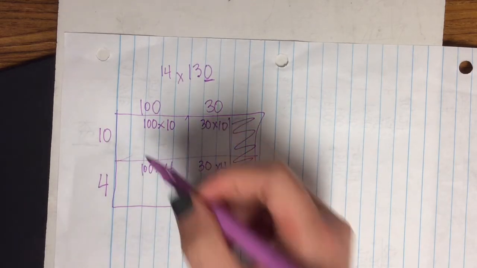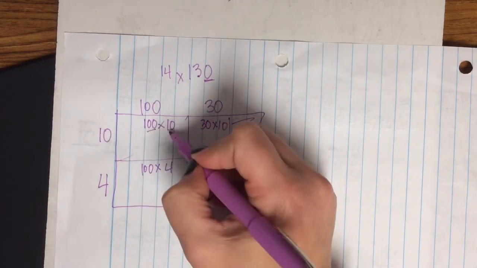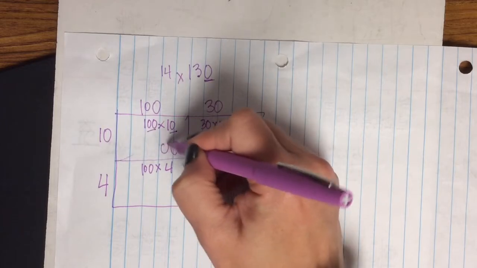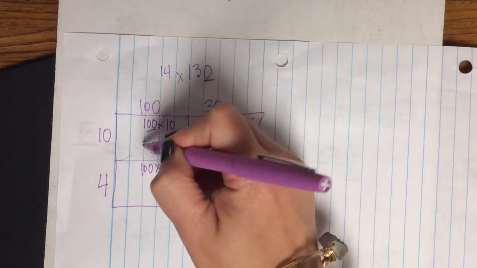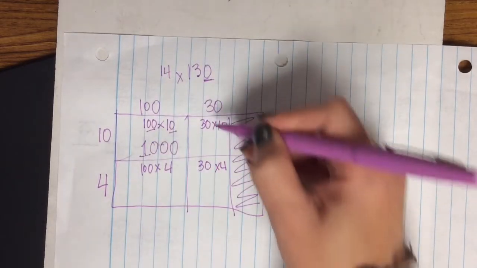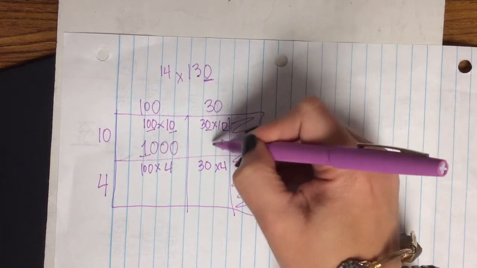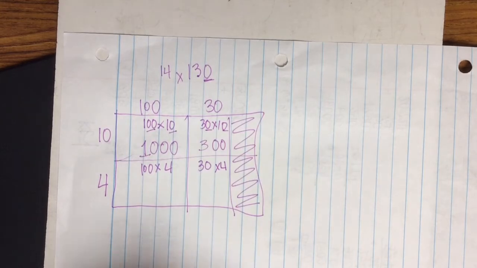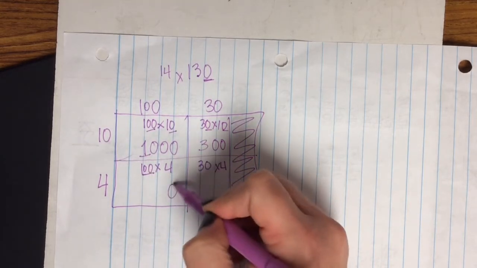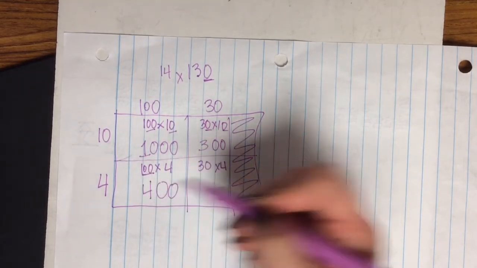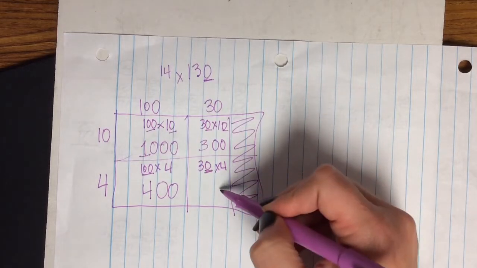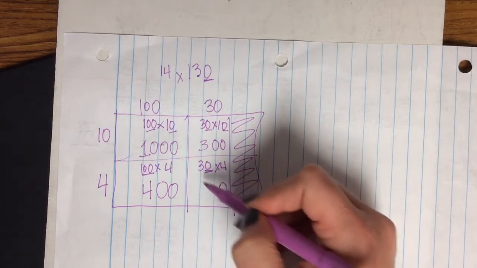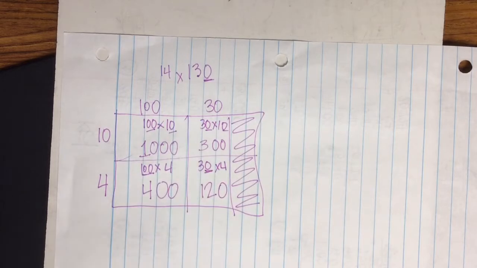So now it's just basic facts. I know that I'm going to need 3 zeros as placeholders, and 1 times 1 is 1. In this problem, I need 2 zeros for placeholders. 1 times 3 is 3. Down here, I need 2 zeros. 1 times 4 is 4. And then I need 1 zero. And 4 times 3 is 12.